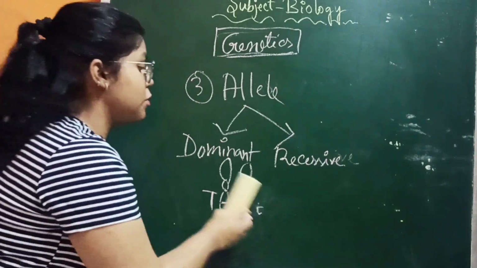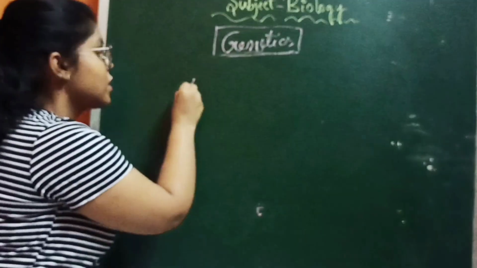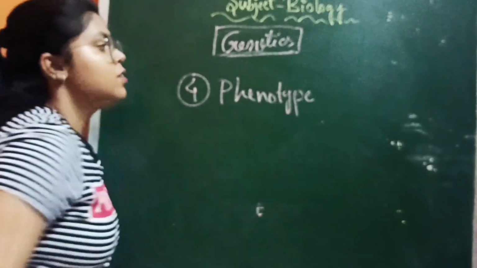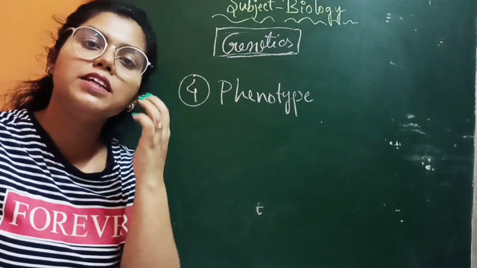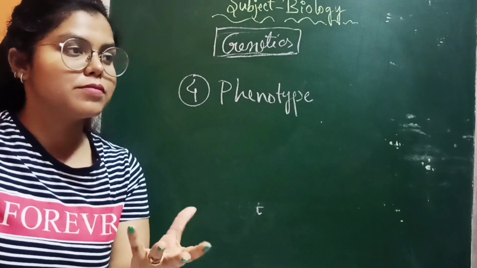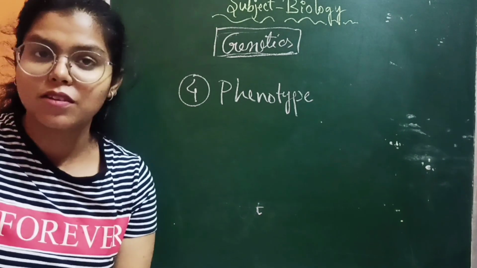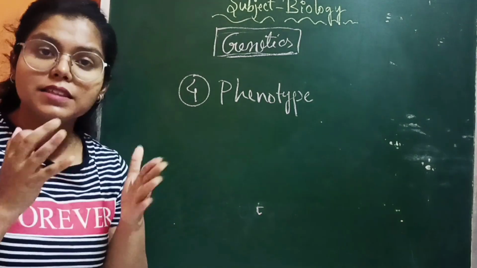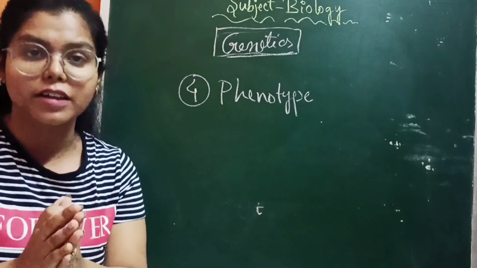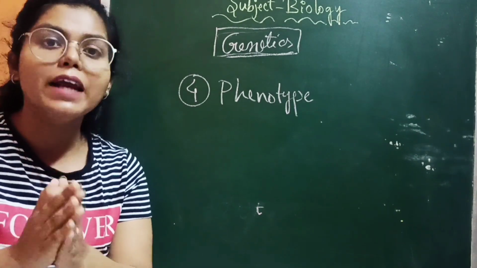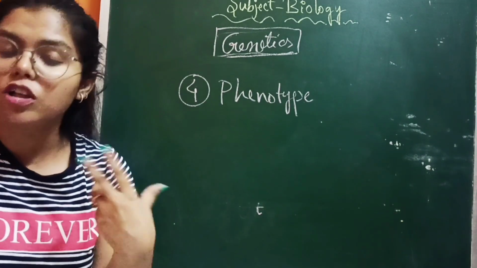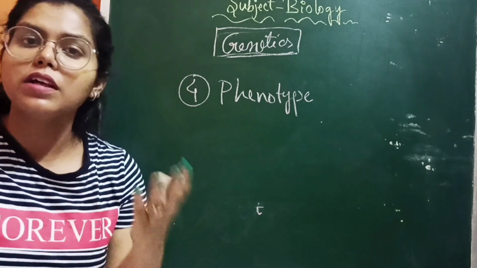Now I would like to discuss phenotype and genotype. Firstly, phenotype. Suppose your friend tells you that you have glowing skin, or smooth hair, or curly hair. By looking at you, observing that you have that particular texture of hair, curly, it is denoted as your morphological character or your observable character.